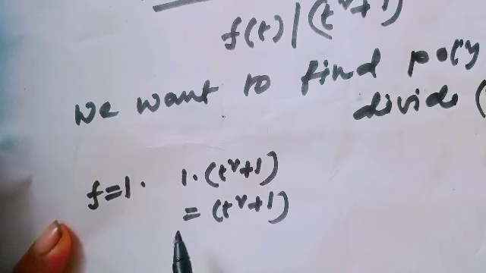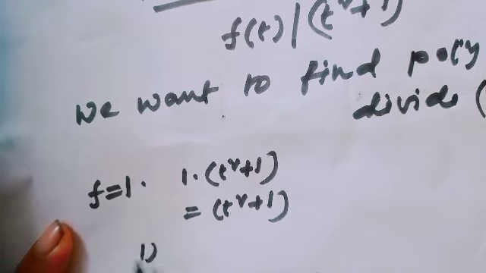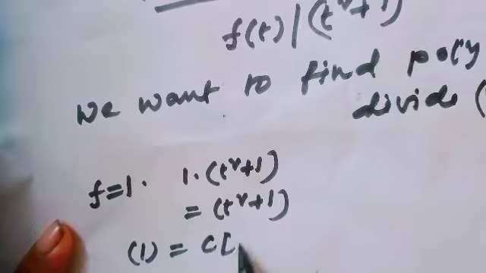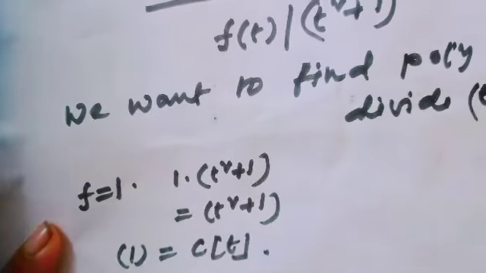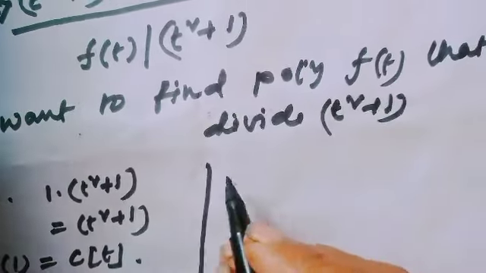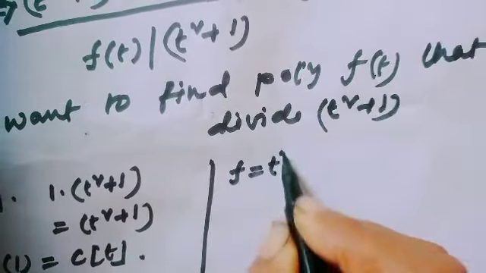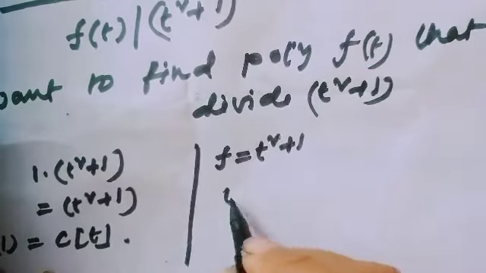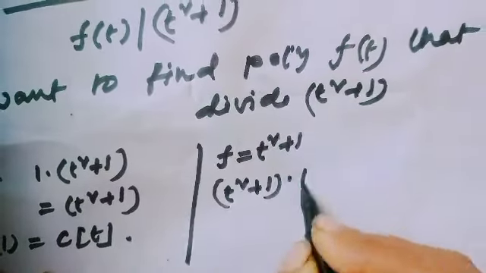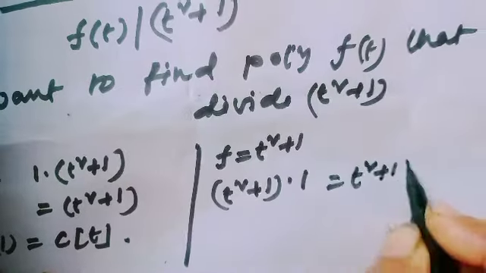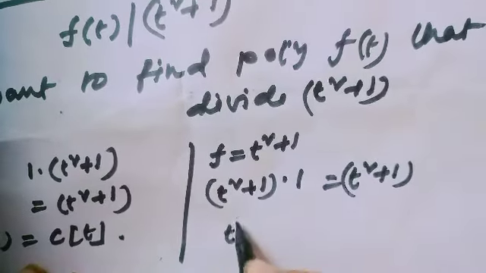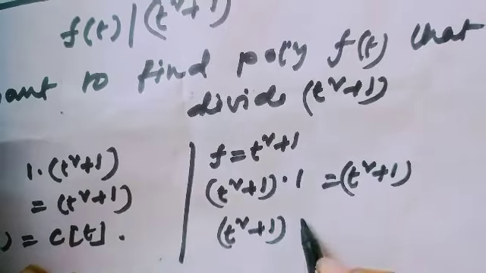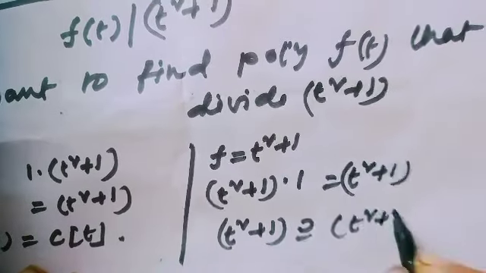That means t² + 1 is obviously contained in the ideal (1), and (1) is actually the whole ring ℂ[t]. Otherwise, if we choose f equal to t² + 1, then (t² + 1) times 1 equals t² + 1, so t² + 1 is obviously contained in (t² + 1).